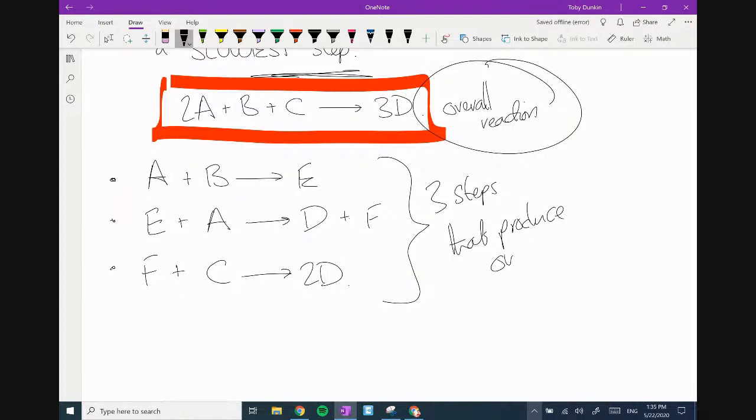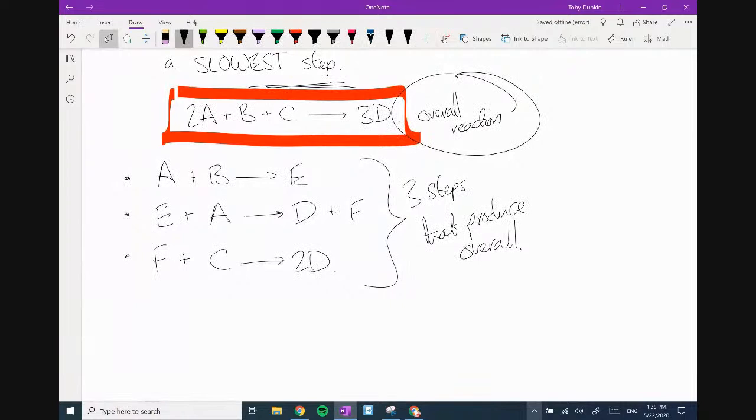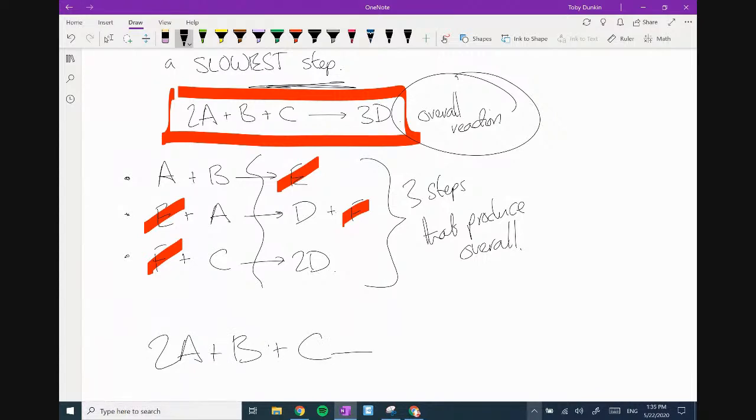Let's do a little bit of fun combining equations. We can say that A and B goes to E, but then E is reused. That's an intermediate, and it came out in one and then was used up in another. So that vanishes. The F has been created and then used up in that one. What we can now do is add all these equations together. We now get 2 A's on the left plus 1 B plus 1 C, and I've got 3 D's coming out. It gives me the overall.